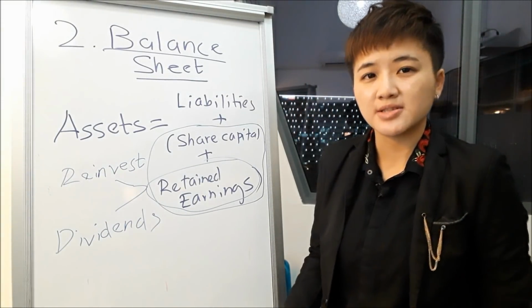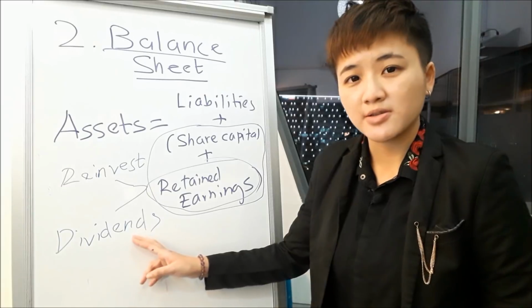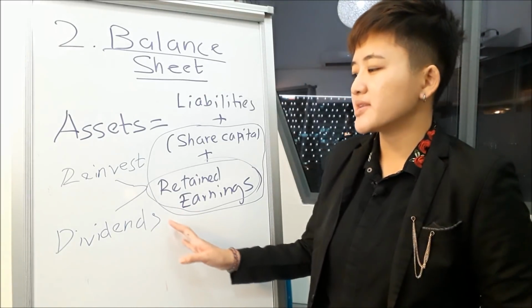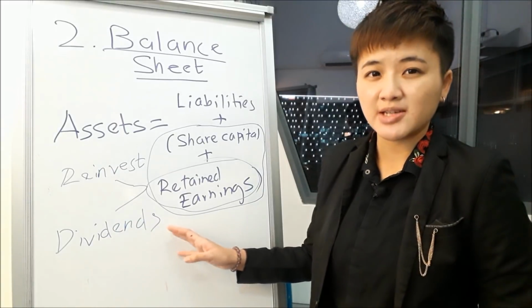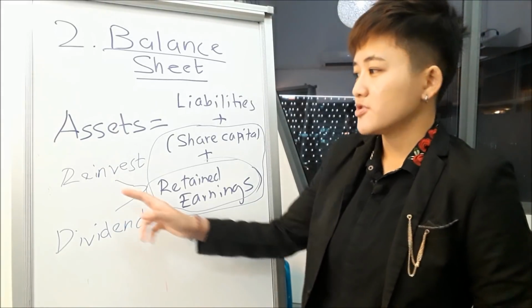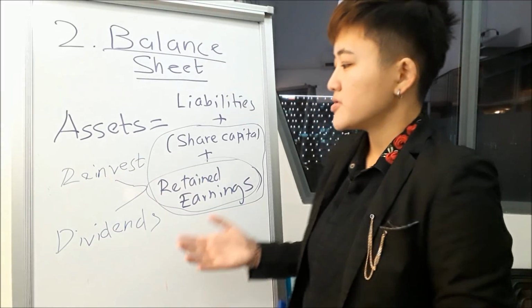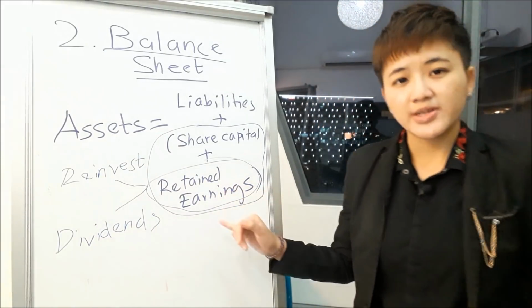If you're a dividend investor, you would want this to happen. You would want the dividend payments. But if you're a capital gain investor, you wouldn't really care about the dividend payments. You would want the company to reinvest back into the company so that they can grow the business using the extra savings that they have.